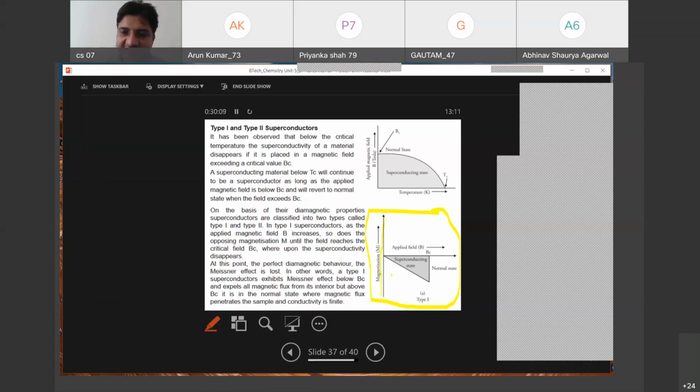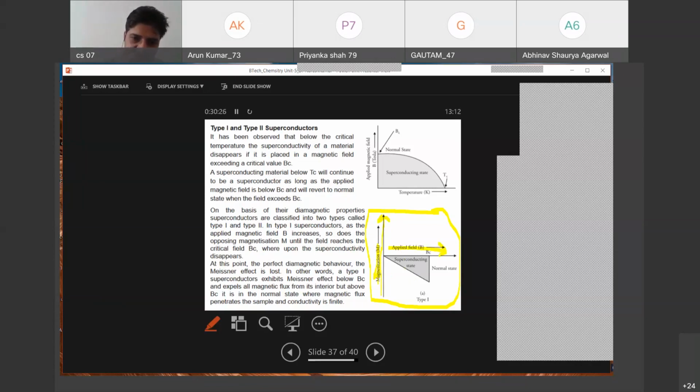On the vertical y-axis we have magnetization, and on the horizontal x-axis we have the applied magnetic field.